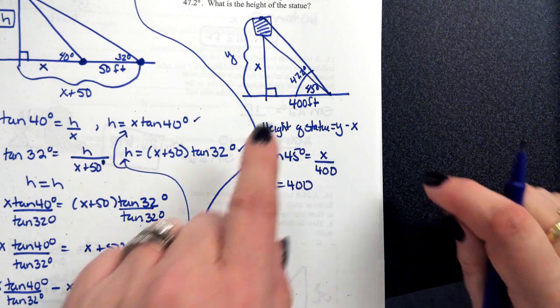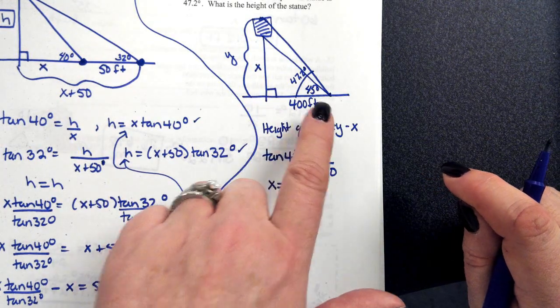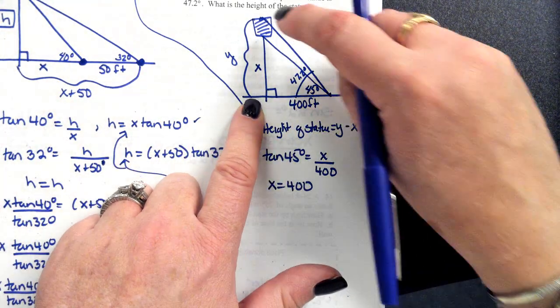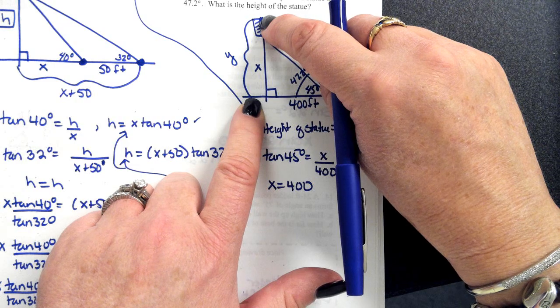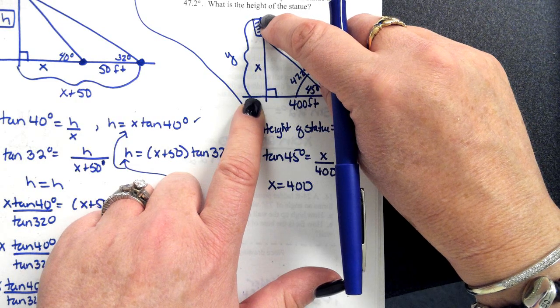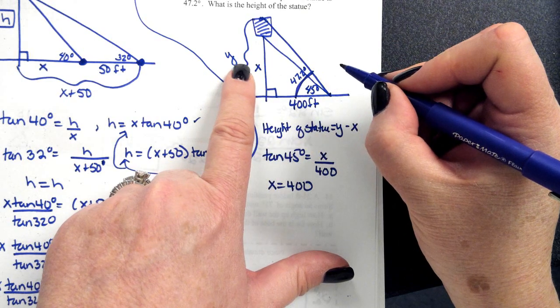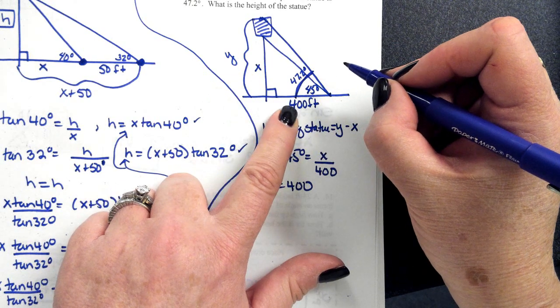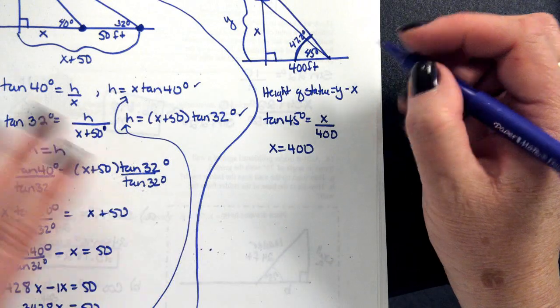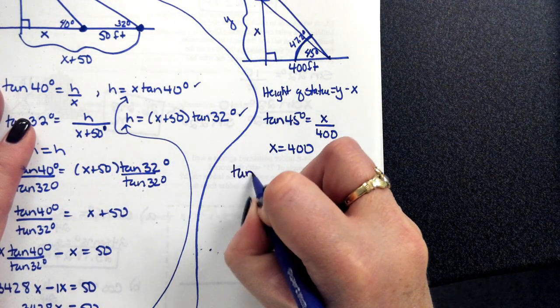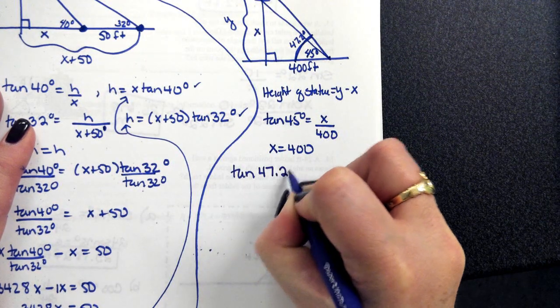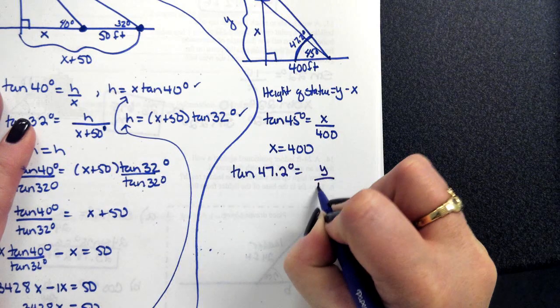So now let's talk about the second right triangle, finding the distance from the ground to the top of the statue. This side is y, which in relationship to 47.2 degrees is the opposite. I know the adjacent. Again, what trig ratio am I going to use? I'm going to use the tangent. So the tangent of 47.2 degrees is equal to y over 400.